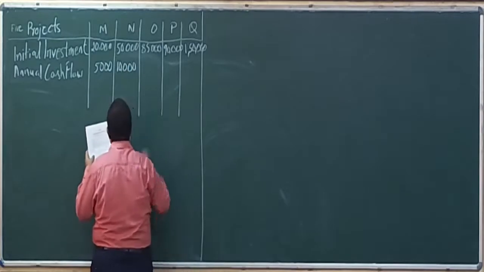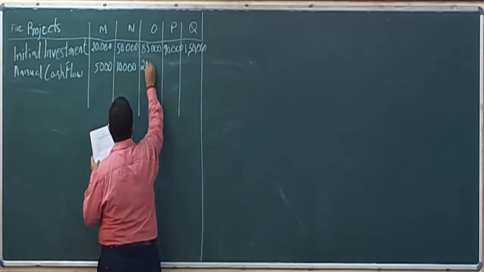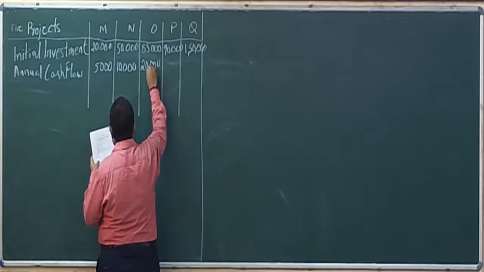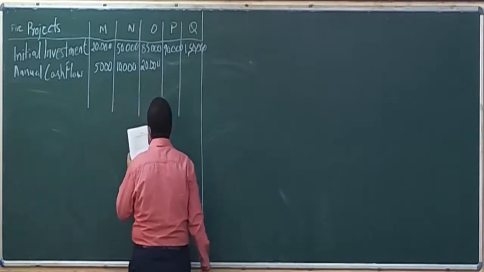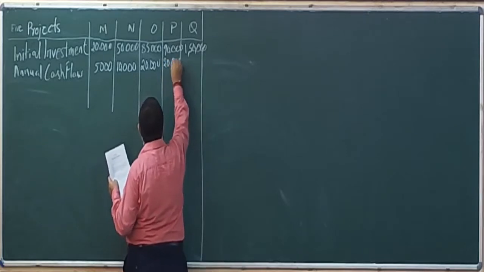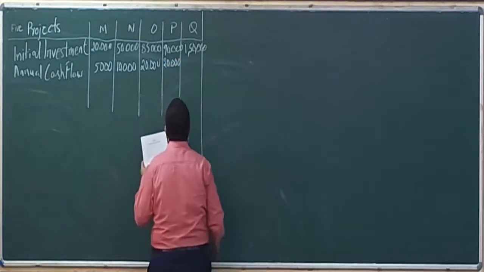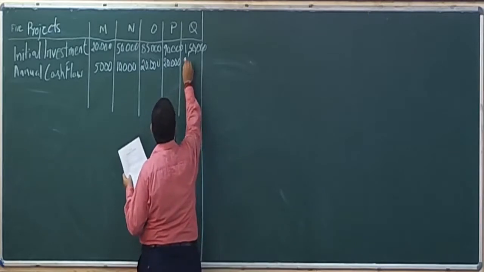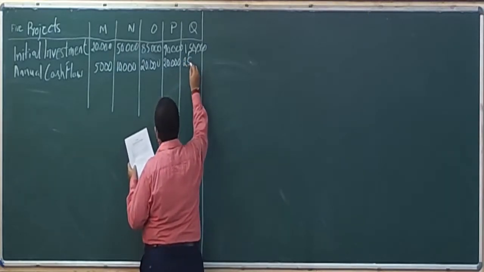For project O it is 20,000. For project P again it is 20,000. For project Q it is 25,000.